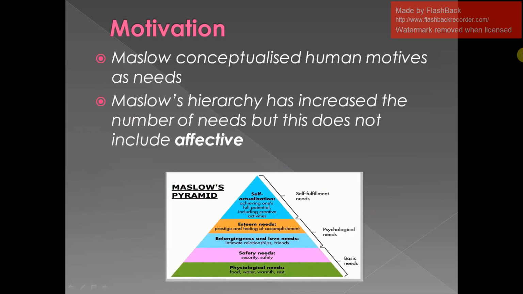Maslow conceptualized human motives as needs, and Maslow's hierarchy has increased the number of needs, but this does not include affect, the display of facial, vocal, and gestural behavior that serves as an indicator of affect.